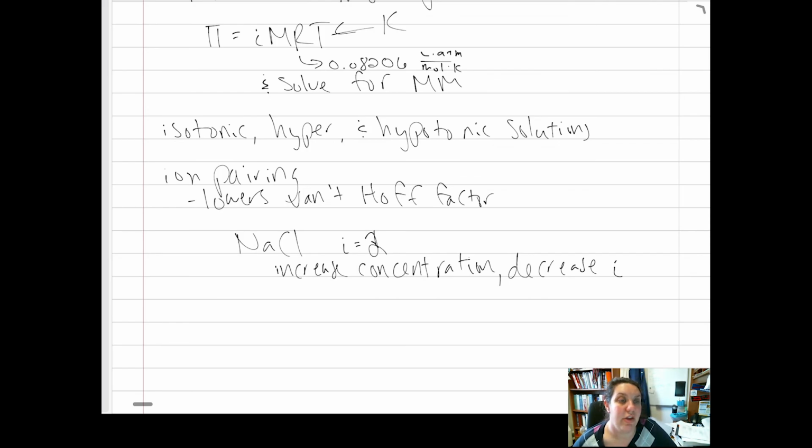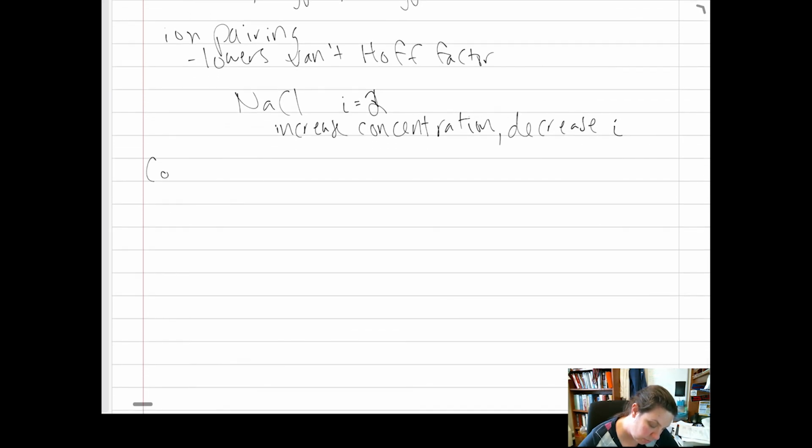You guys should understand what a colloid is. You should know what the Tyndall effect is. You should know what a hydrophobic and hydrophilic colloid is.